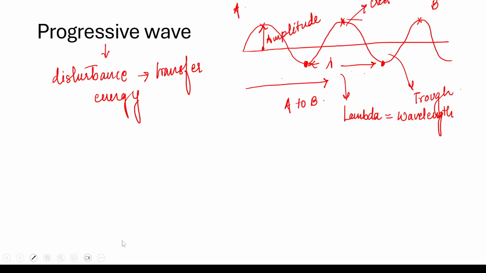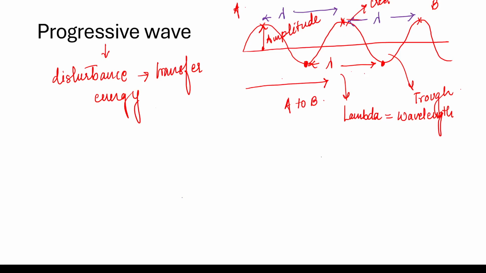If I take this point, this distance is wavelength, and this distance is also wavelength. So it is the shortest distance between the 2 points which are in similar position, and then they are also called in phase, but the meaning of phase a little later.